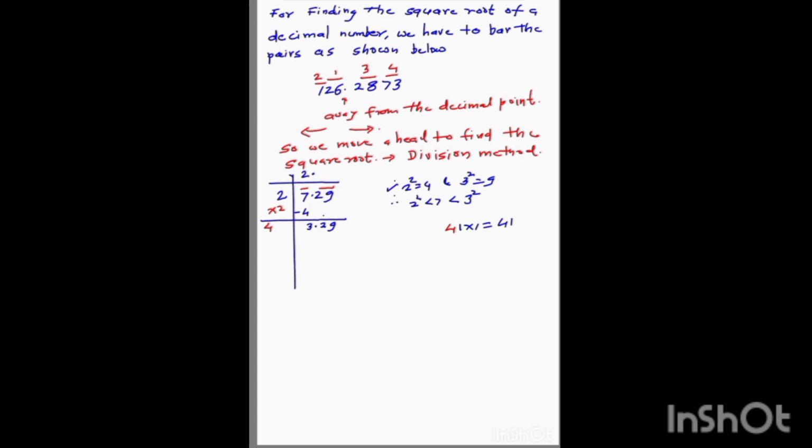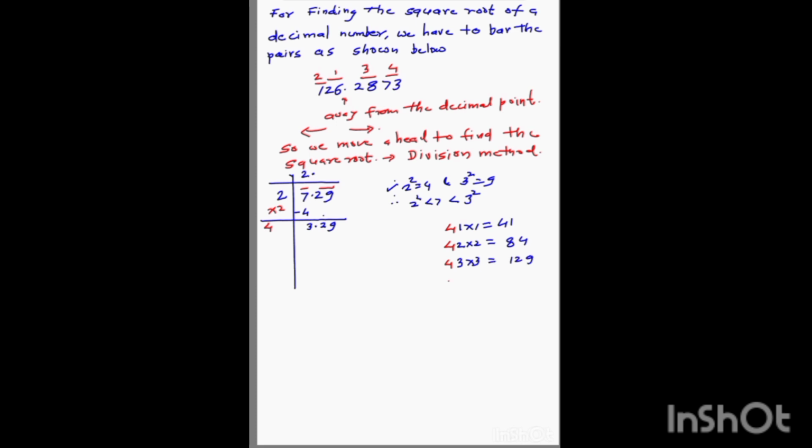You are acquainted with this method, and you should try to solve some problems and practice. 42 into 2 is a very intelligent, very useful method, with a minimum chance of making any mistake or error. So 43 into 3 is 129.